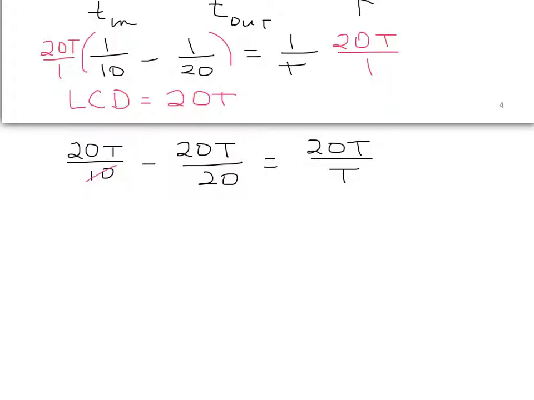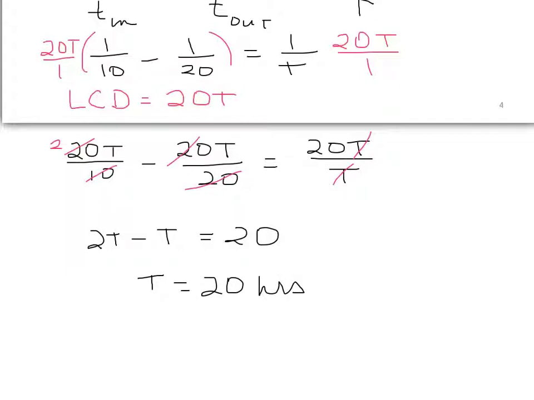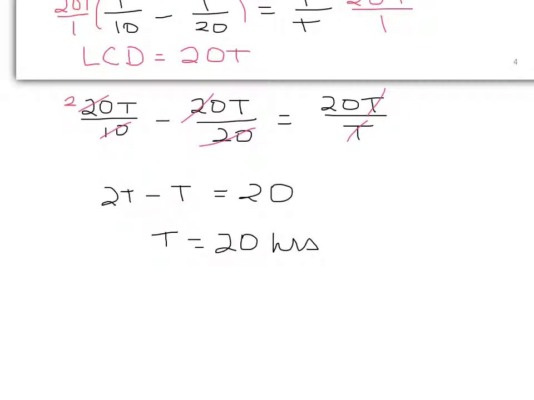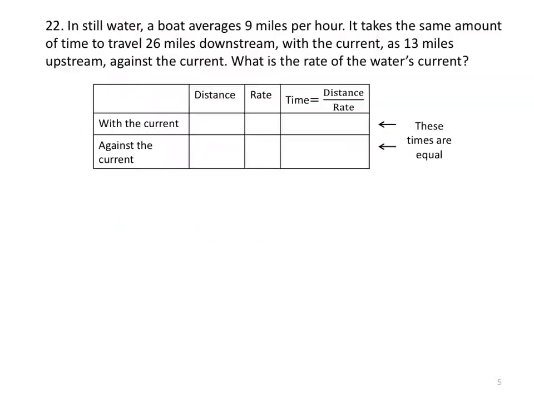So we can see that 10 goes into 20 2 times, the 20s there cancel, and the t's over here cancel. So you have 2t minus t equals 20. So that tells you that the time it takes, if both are open, is 20 hours. That means it would take 20 hours to fill the vat if both pipes were open, whereas if the exit valve was closed, it would only take 10 hours.